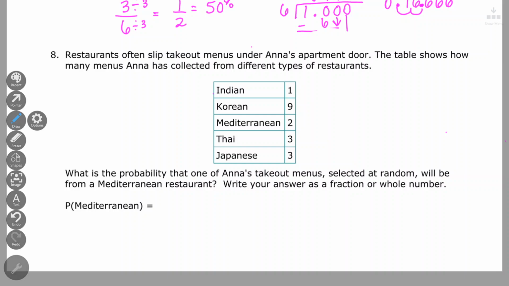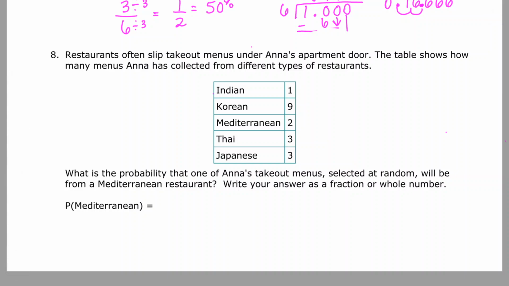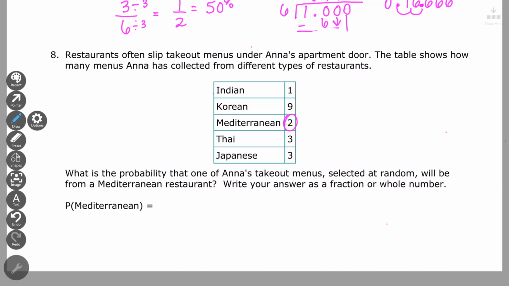Okay, so what is the probability that one of Anna's takeout menus selected at random will be from a Mediterranean restaurant? Write your answer as a fraction or a whole number.